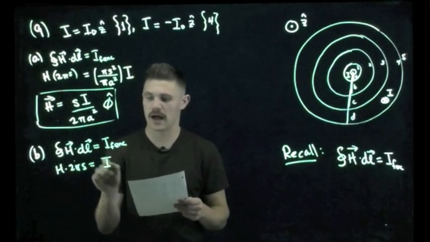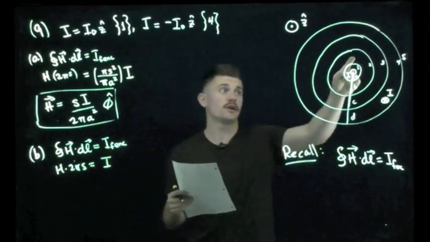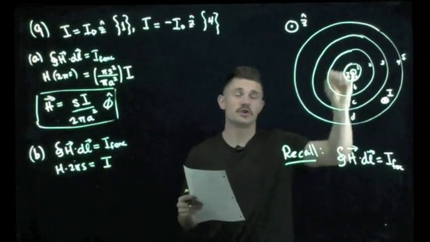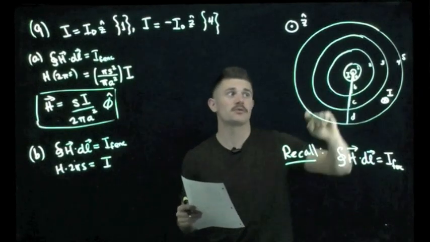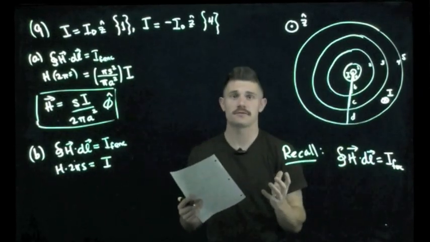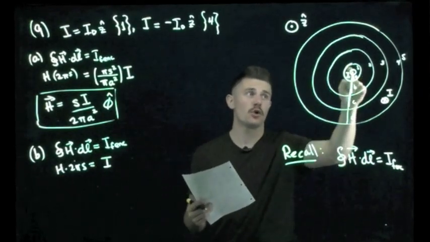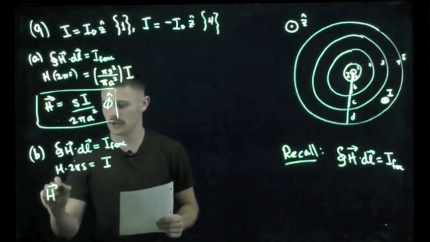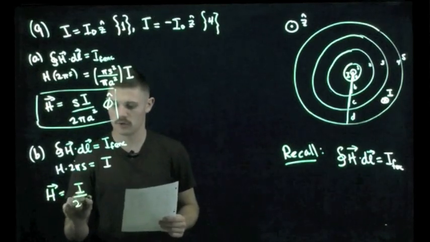And this is just equal to I, because now our Ampérian loop of radius S will completely enclose the current that's within region 1, because the Ampérian loop is completely in region 2. There is no free current in region 2, only in region 1, so it's just I. So our auxiliary field H is simply I over 2 pi S.